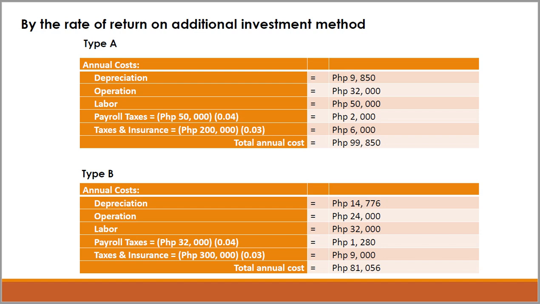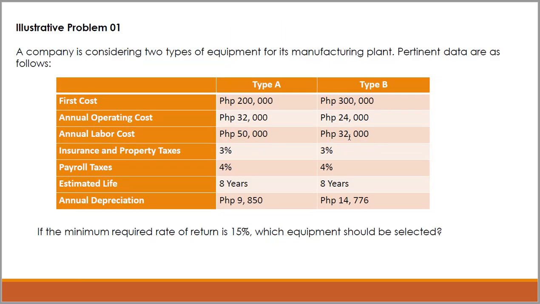So sa formula natin in computing for the rate of return on additional investment, we need to solve for the annual savings. So since one alternative is more expensive in terms of the annual cost, no? In this case, apparently, type B is less expensive, or type A is more expensive in terms of the annual operations and maintenance cost compared to type B. Okay, so if I choose type B, then meron akong masasave sa annual operations and maintenance cost.